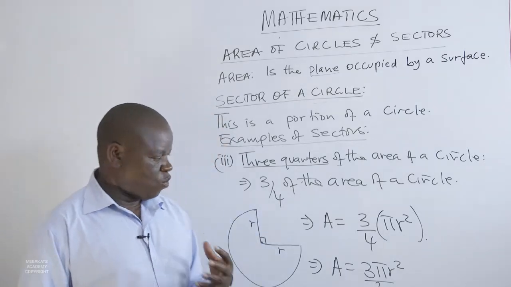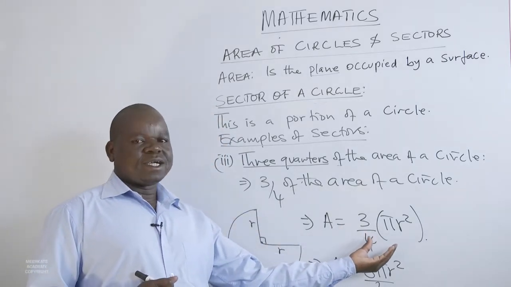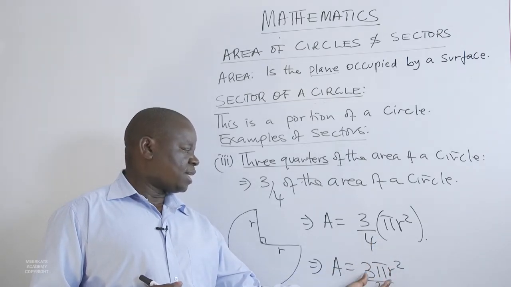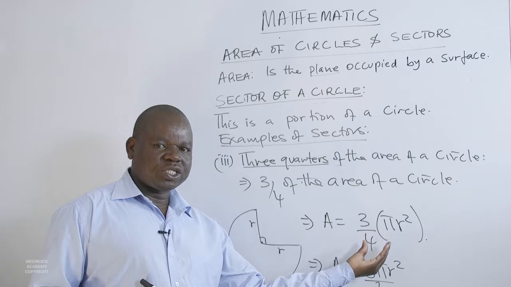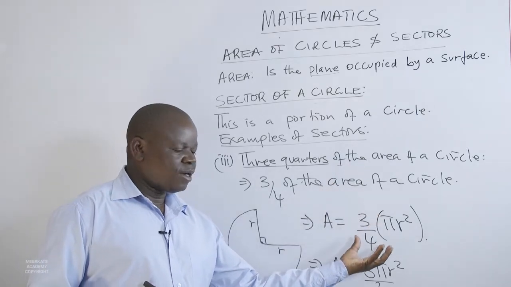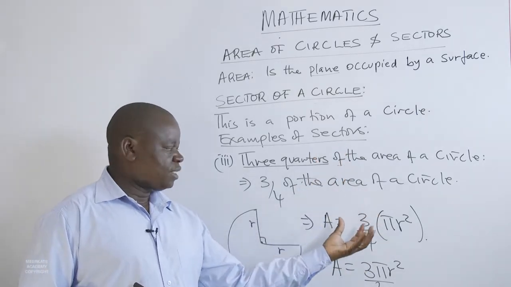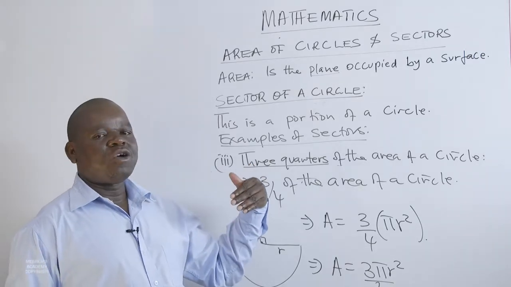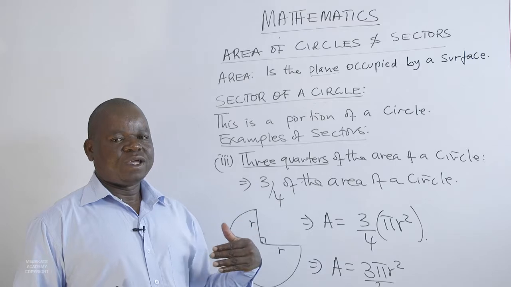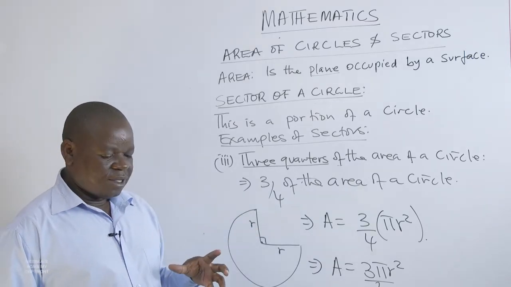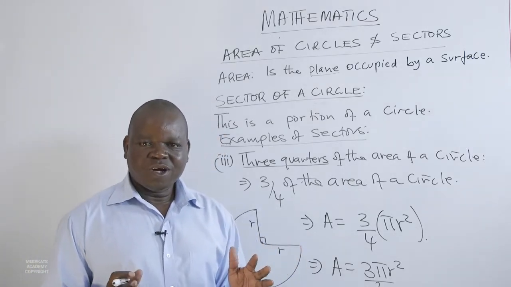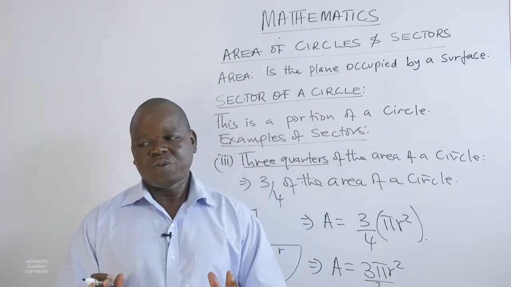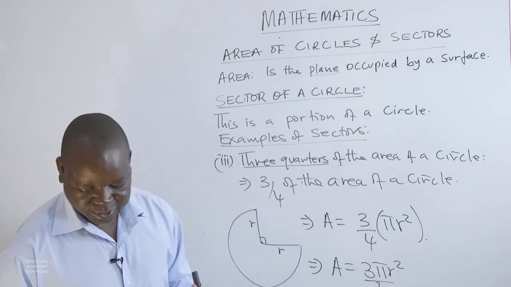We say yes. We use the basic premises which we have used in calculating the area of a quadrant, a semicircle, and 3/4, to calculate the area of a portion of a circle. That portion will depend on what we call the angle subtended at the center of the circle by that portion. So let's look at an example.